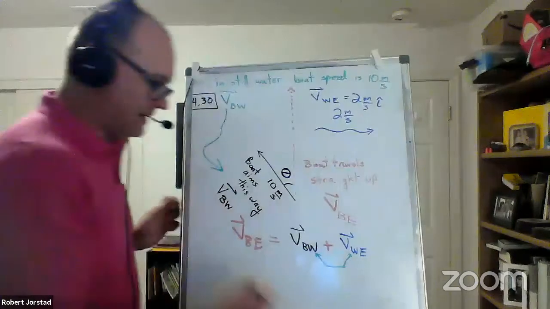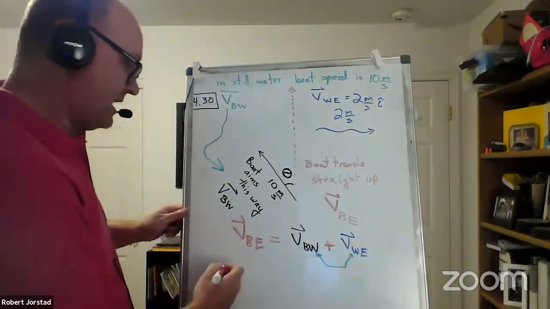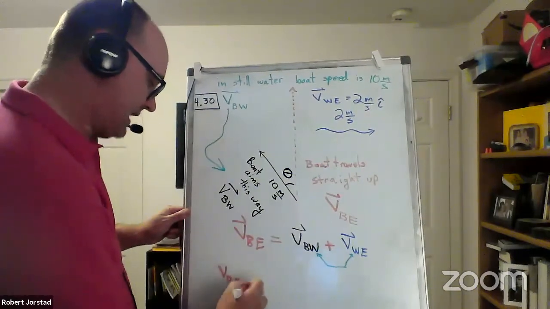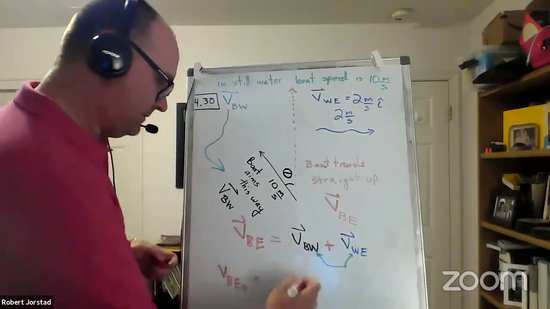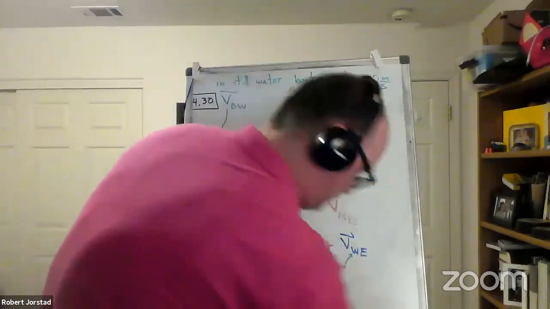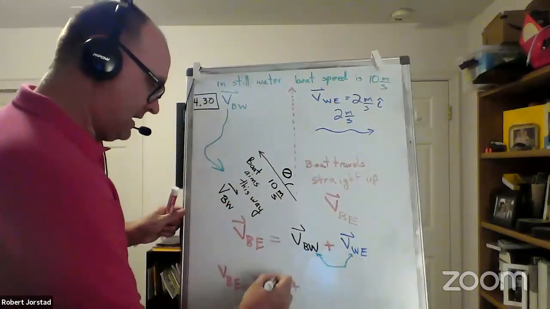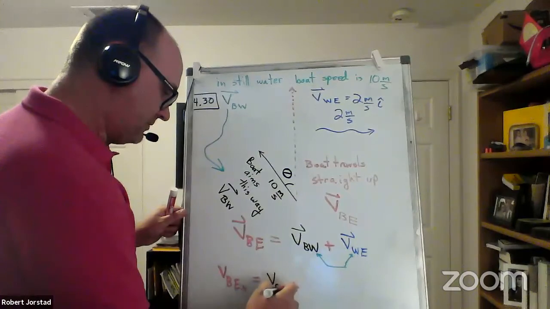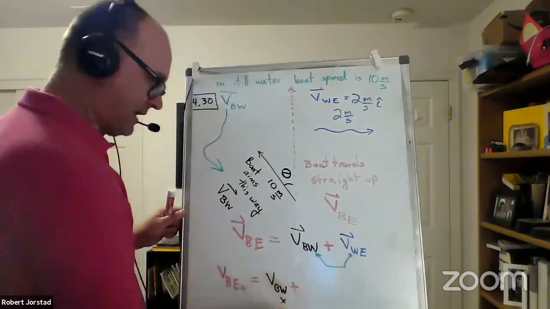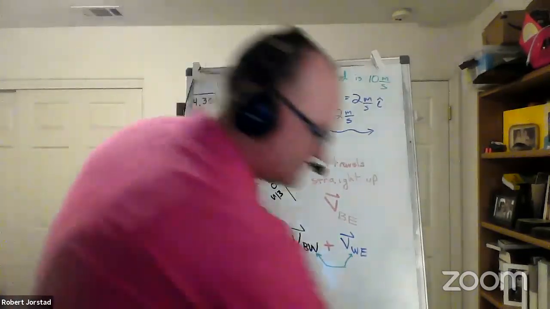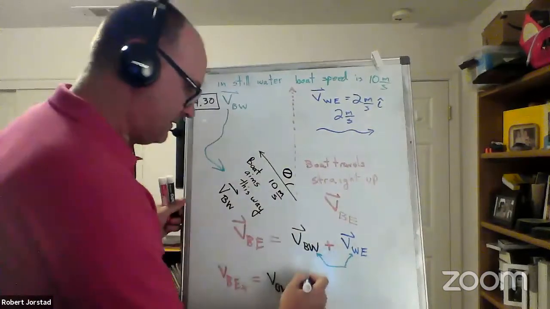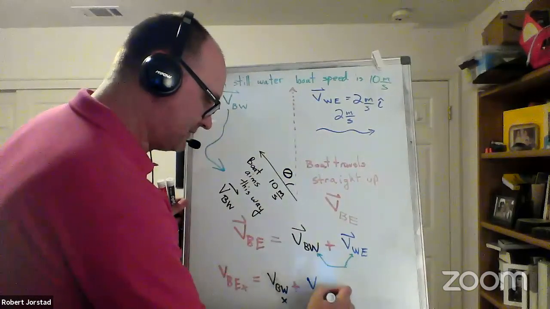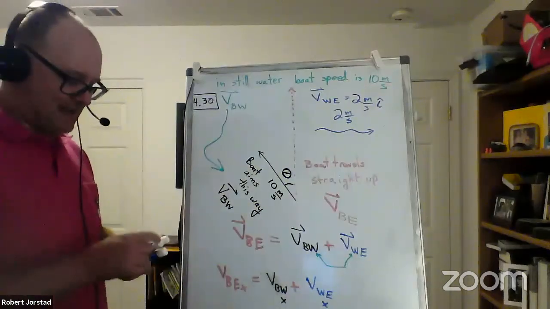So the idea here is, take a look. I see V_B,Earth in the X direction should equal the velocity of the boat relative to the water in the X direction plus the velocity of the water relative to the earth in the X direction.